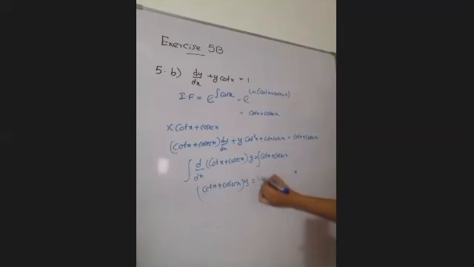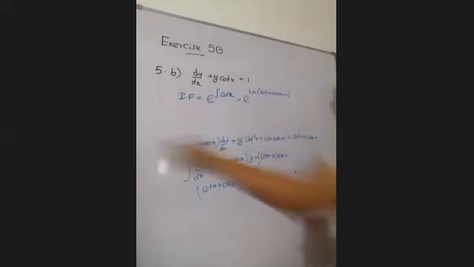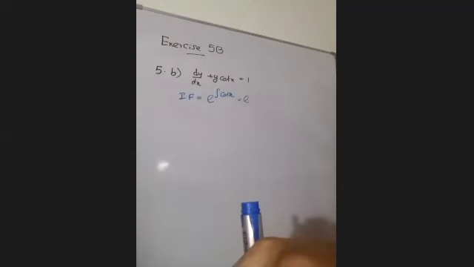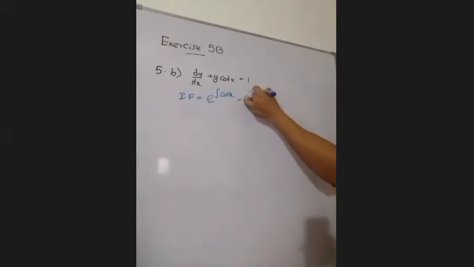One second. Cot x is sin over cos x. This is minus ln cos x. 1 over cos x comes.